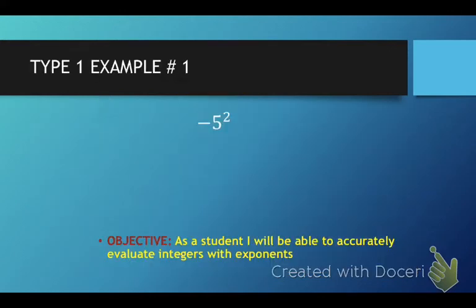Here we go. So example number 1, we have negative 5 squared. So negative 5 squared is very simple. Okay? Remember what we said, that exponent only goes for the number right next to it, which is 5 squared. 5 squared is 25, and it's a negative sign, so it's going to be negative 25. Now, why does that work? Well, very simple.